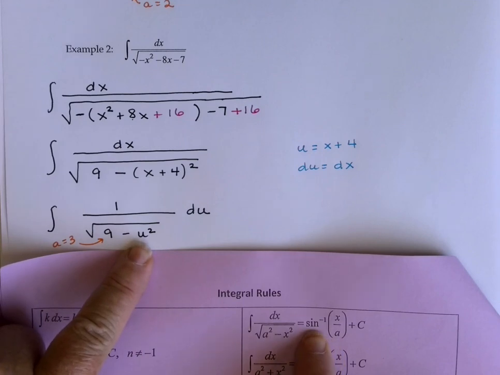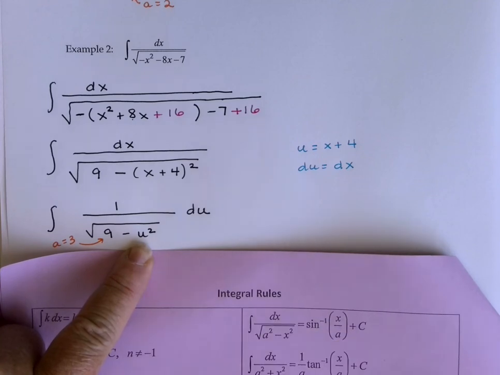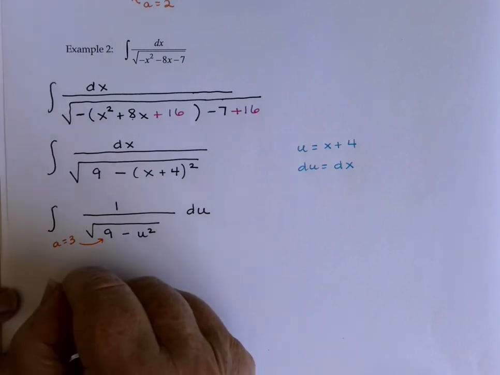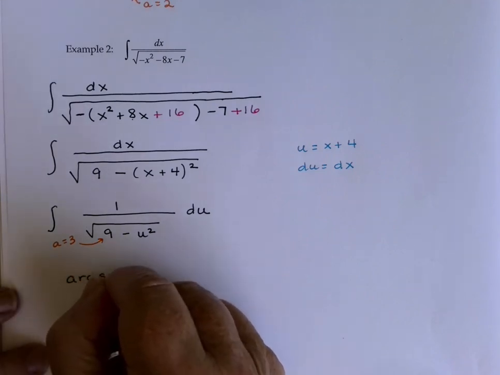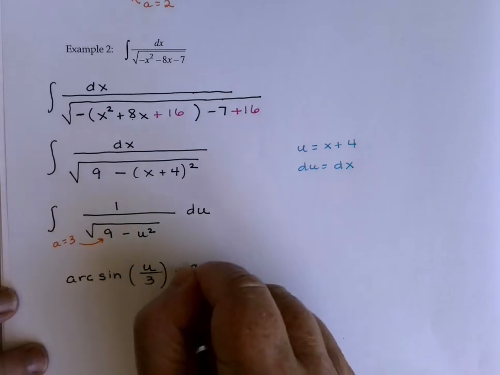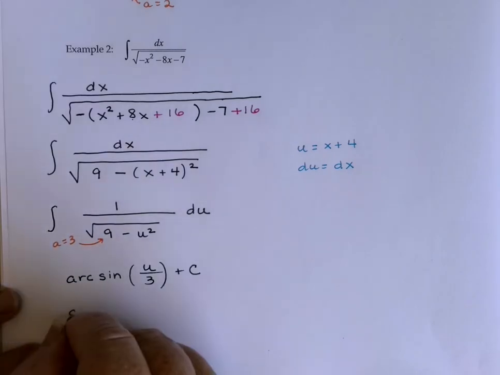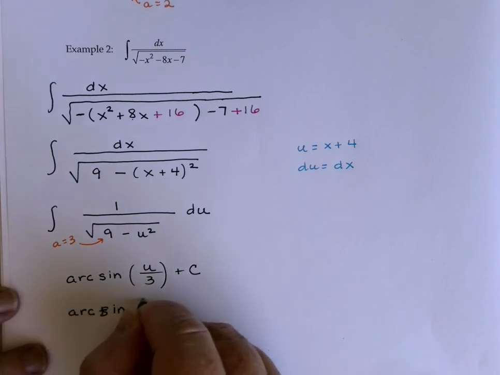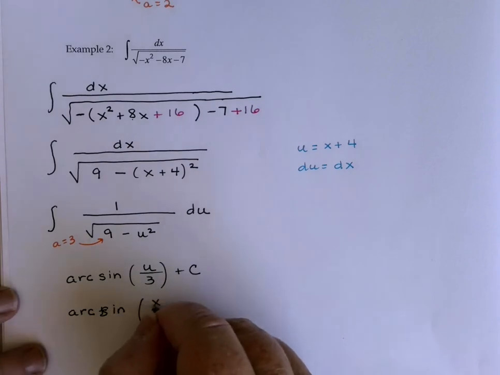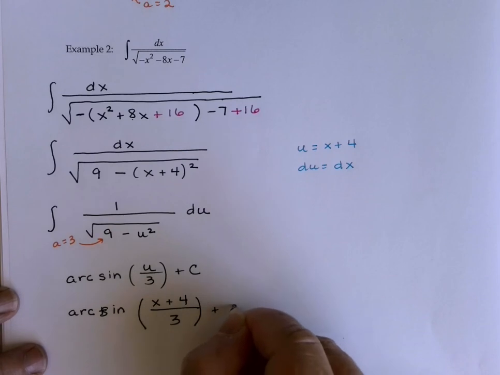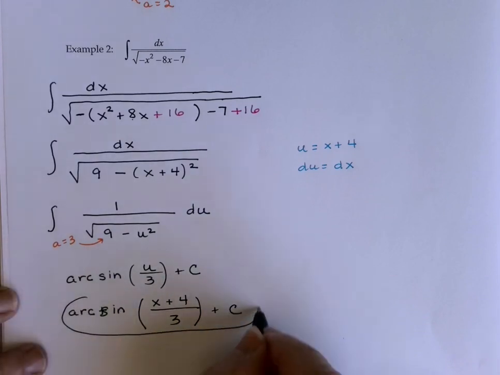So I'd have the inverse or arcsine of u over 3. To finish, I would have the arcsine of u, which is x plus 4, over 3, plus c, and I'm done.